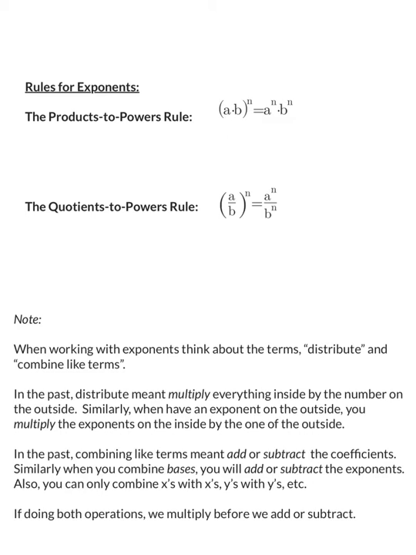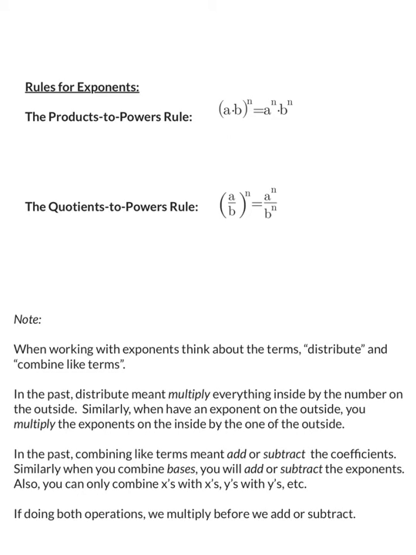So the next two rules that we are going to look at are products to powers and quotients to powers. These rules are very similar to things that we've done in the past. When evaluating products to powers, we want to think about "distribute" in quotations.